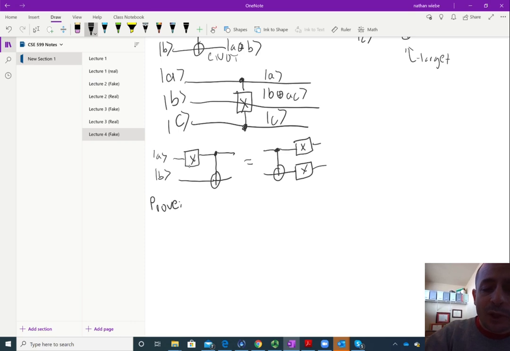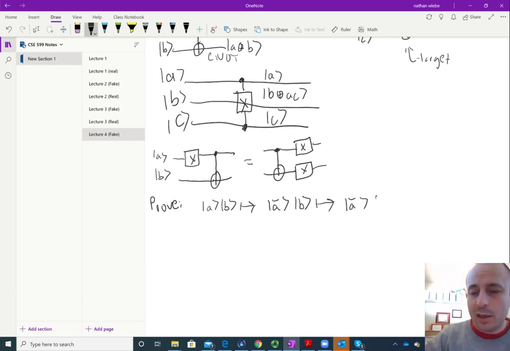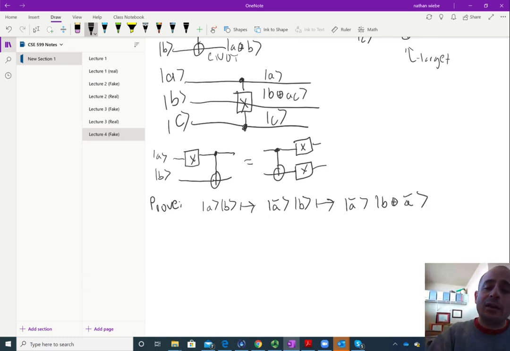So if we go through the sequence of operations for the leftmost one, we have A, B maps to not A, B, maps to not A, B exclusive or not A. All right, great. Now let's go on the right-hand side with A and B up here.